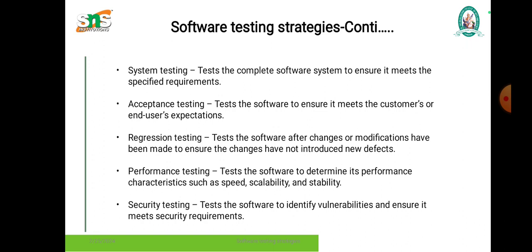It tests the software to determine its performance characteristics such as speed, scalability and stability. And next one is security testing. It tests the software to identify vulnerabilities and ensure it meets security requirements. So these are the software testing strategies.